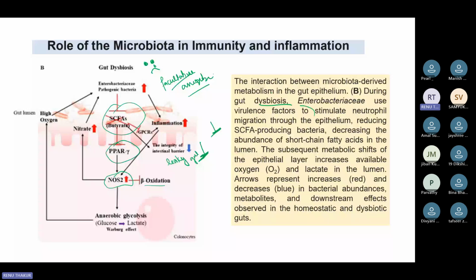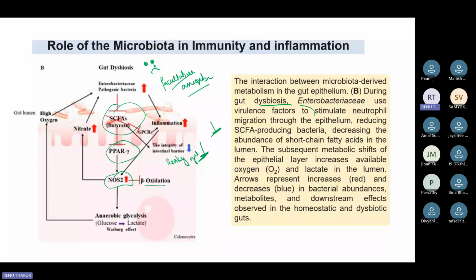So if your body is having a high amount of inflammation because you have not maintained a good gut microbiome composition, then all these things will be happening in your body. So this is the thing going on in your body in the context of immunity and inflammation. So I hope I have explained this clearly.